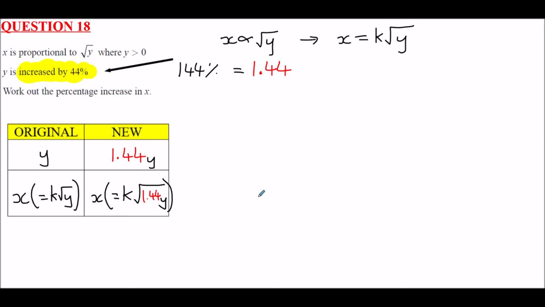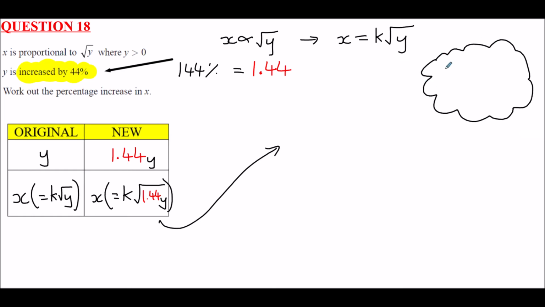So now we need to think about this 1.44. Well, we're square rooting something. So here, knowledge of square numbers would be useful. So let's just put this in a thought bubble. We should hopefully know that the square root of 144 is 12.